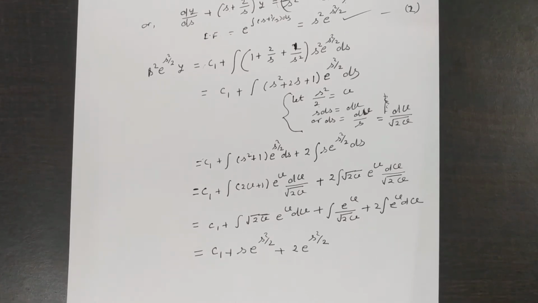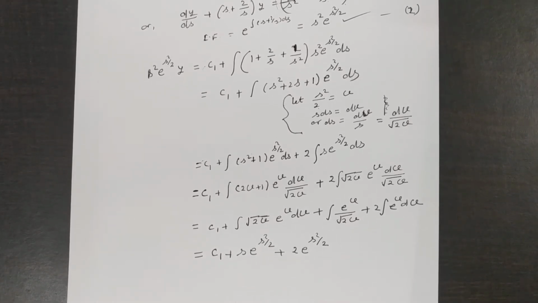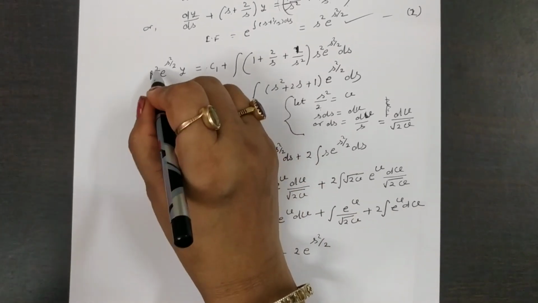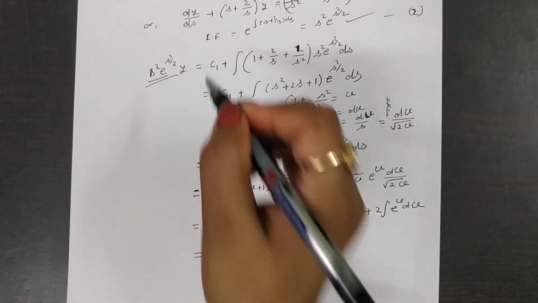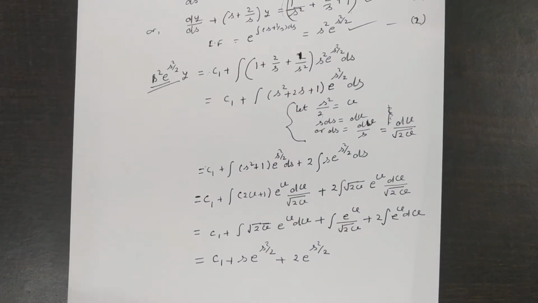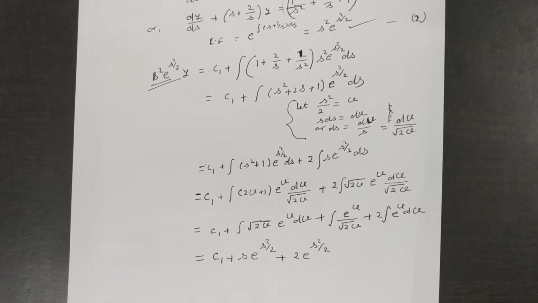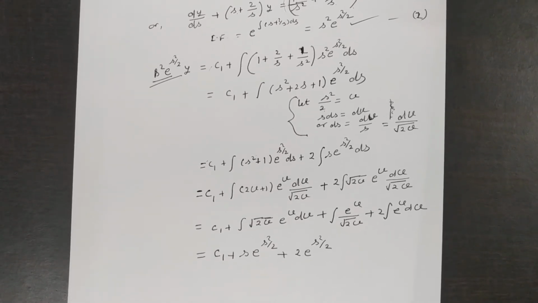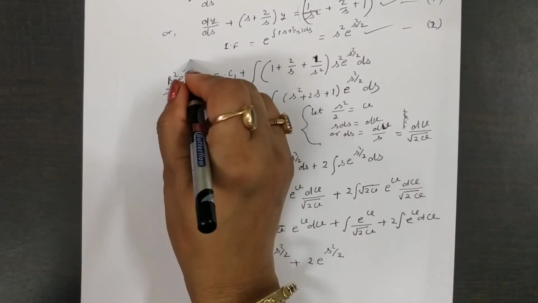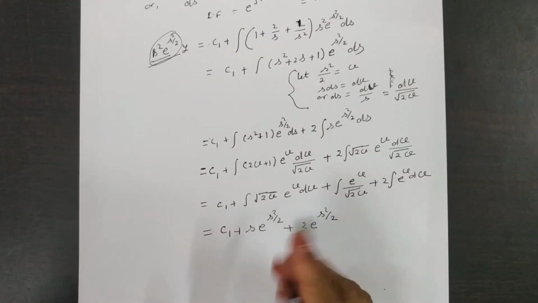Now we take the Laplace inverse on both sides, dividing the term here. So c1 divided by s square, and dividing this and taking the Laplace inverse on this whole equation.